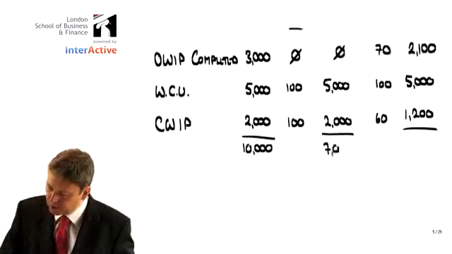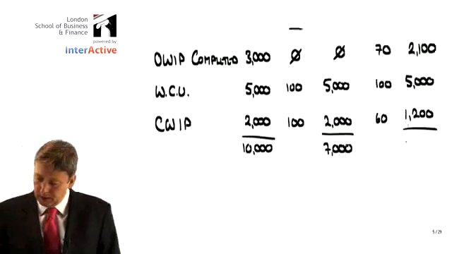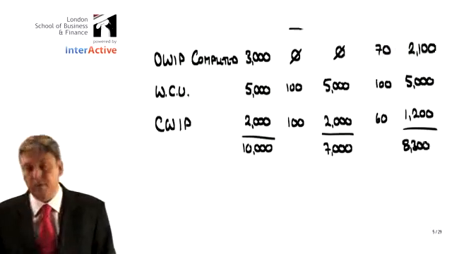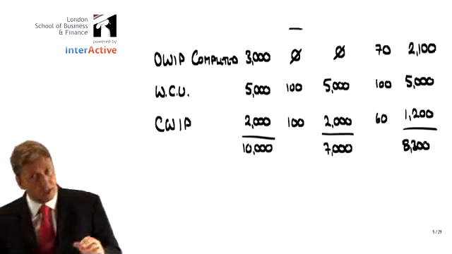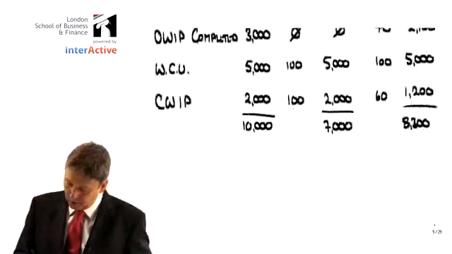Therefore, we have a total of 7,000 equivalent units with regard to material and a total of 8,300 equivalent units with regard to conversion costs. We've done the equivalent unit working. Now we can move on and establish the costs.